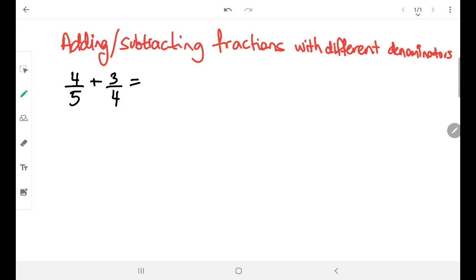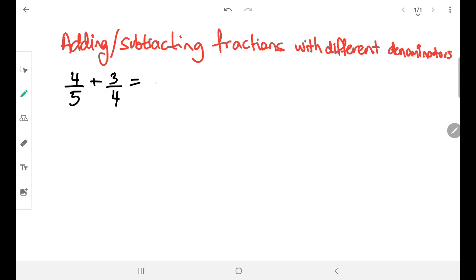So in this case, there are probably several ways of doing this, and I'm going to use two different ways of adding fractions with different denominators using the same example. Whichever makes sense to you, you can use either of them. They all work. It depends on how you want to do it.